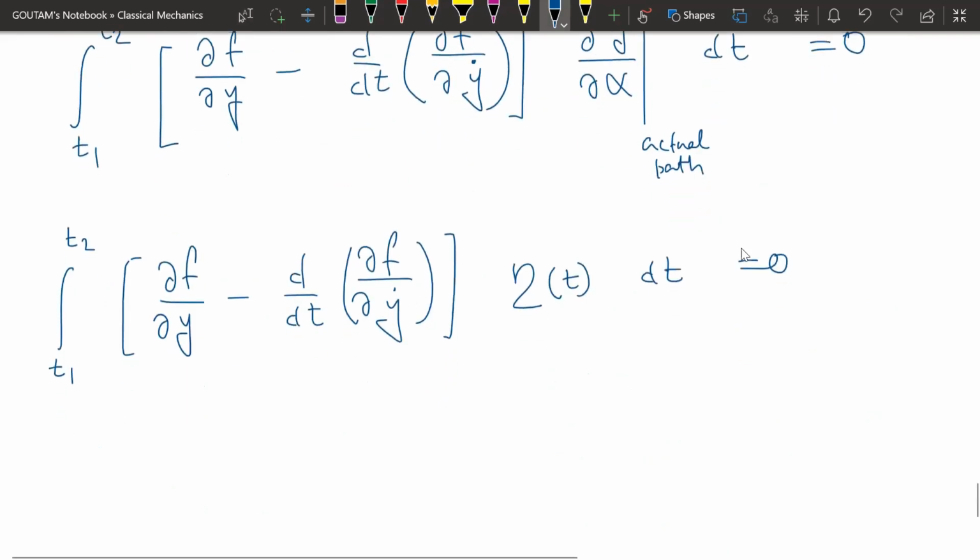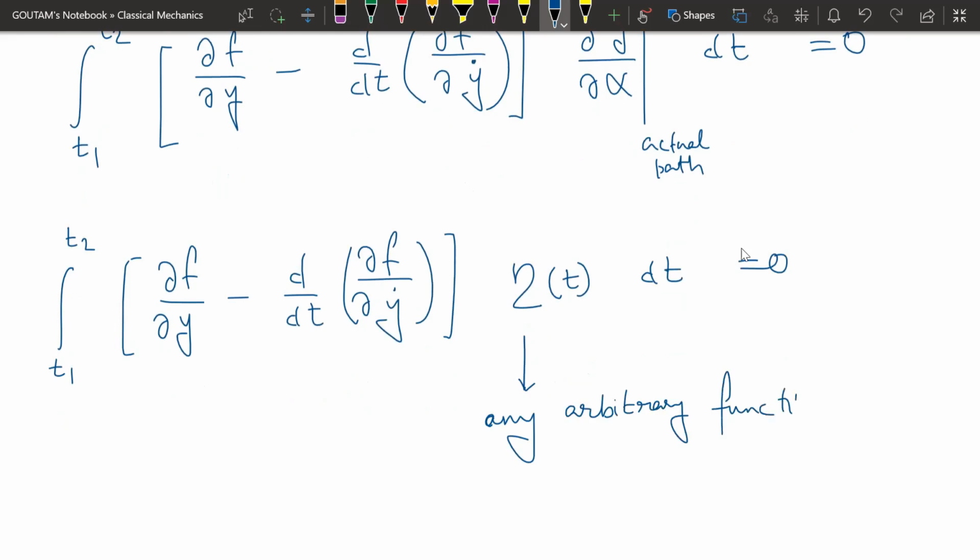Now this eta t can be any arbitrary function.